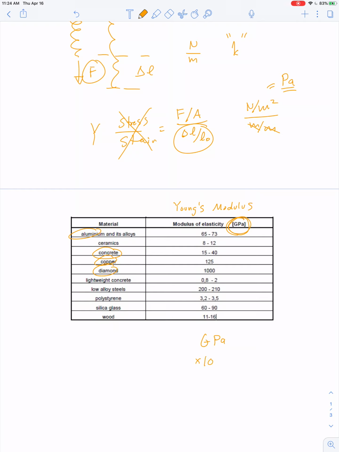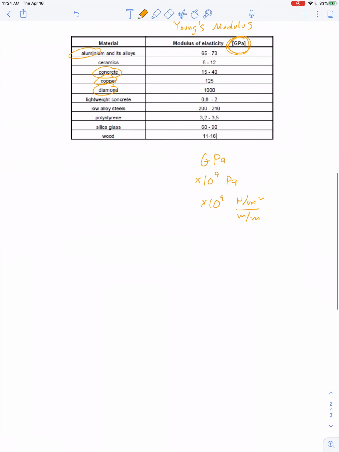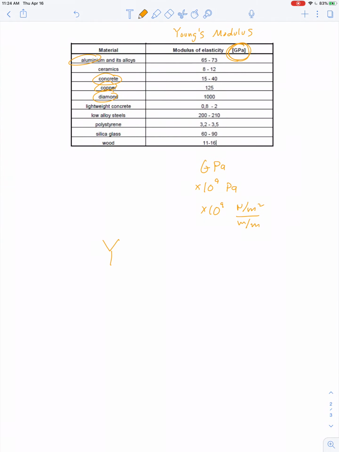Meaning times 10 to the 9th Pascal, meaning times 10 to the 9th newton per square meter, and if you want, over meters per meter. Just as a way to remind you that the formula for Young's modulus is the force per cross-sectional area of material divided by the change in length over the initial length. And that's the same whether you're talking about a guitar string or a concrete pillar.